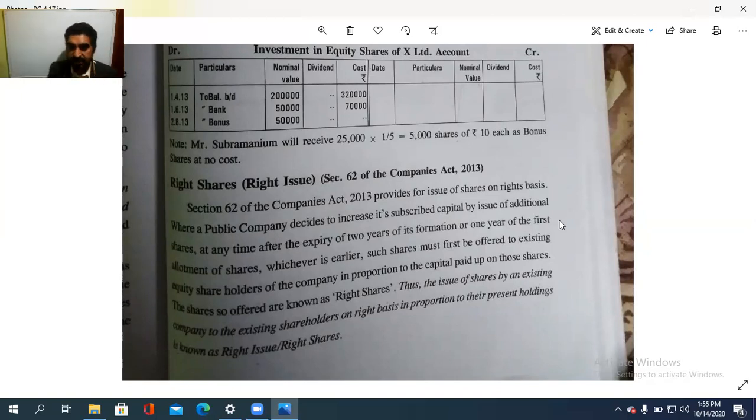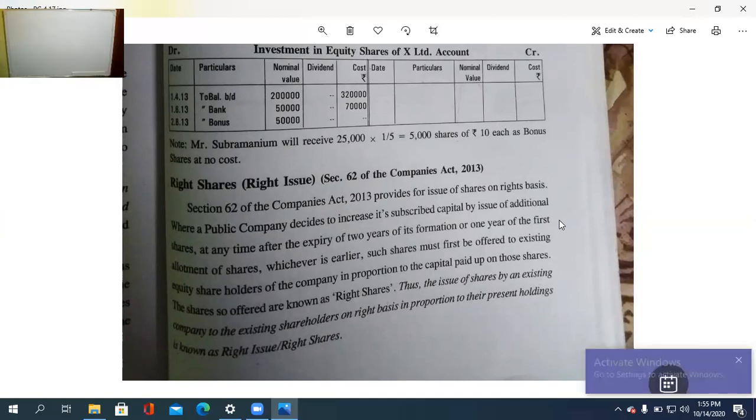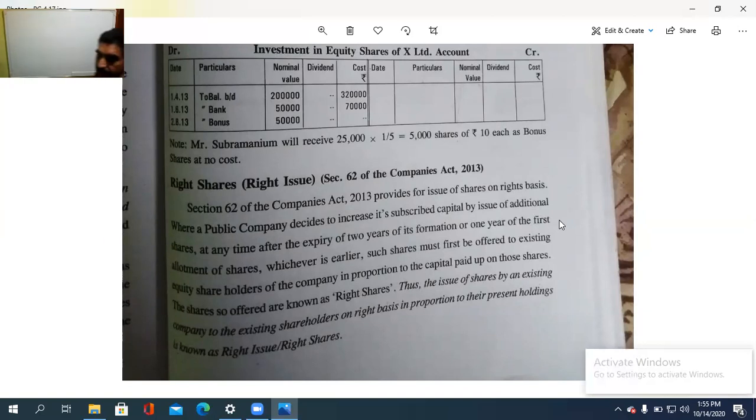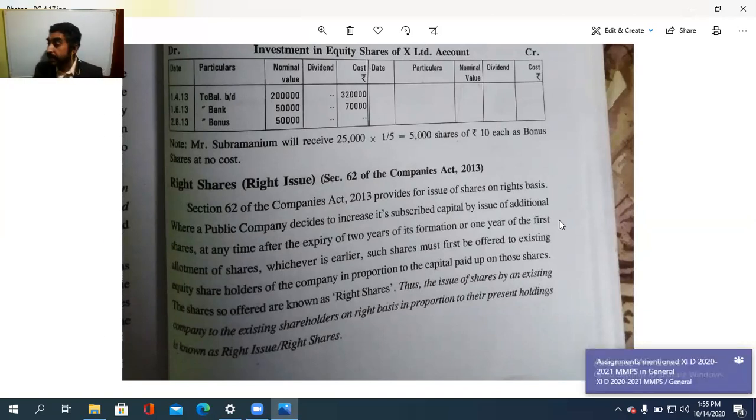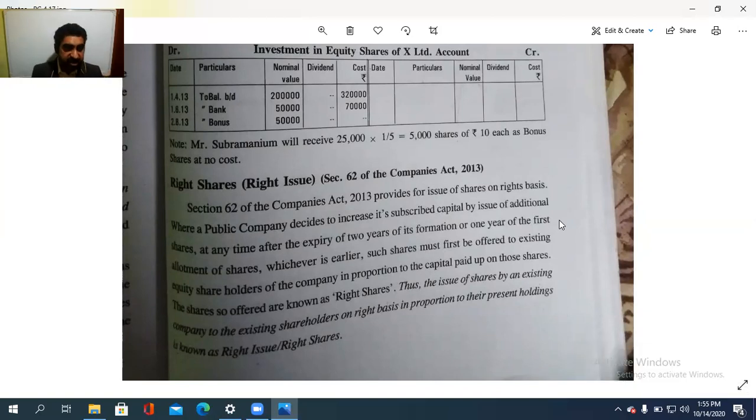ക്ലിയർ? Thus, the issue of shares by an existing company to the existing shareholders on a right basis in proportion to their present holdings. Present holdings in the sense means how much capital is held by that particular person or shareholder. അങ്ങനെ എക്സിസ്റ്റിംഗ് ഇക്വിറ്റി ഷെയർഹോൾഡേഴ്സിന് എക്സ്ട്രാ ഷെയർ, അഡീഷണൽ ഷെയർ കൊടുത്താൽ അങ്ങനെയുള്ള ഷെയറിനെ റൈറ്റ് ഷെയർ എന്നും അങ്ങനെയുള്ള ഇഷ്യൂവിനെ റൈറ്റ് ഇഷ്യൂ എന്നും പറയുന്നു.